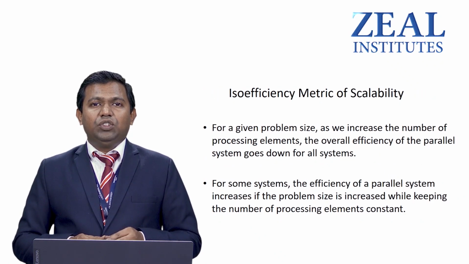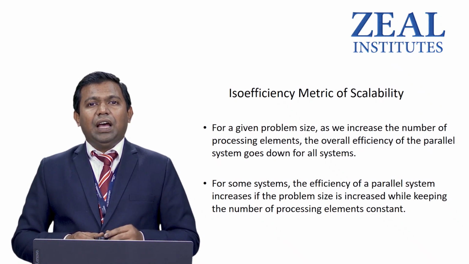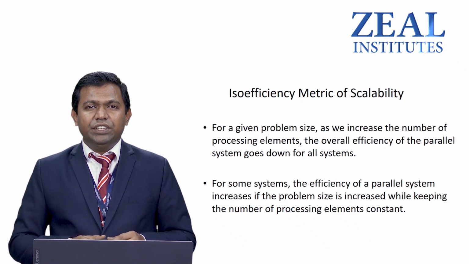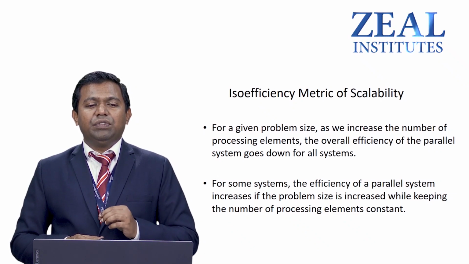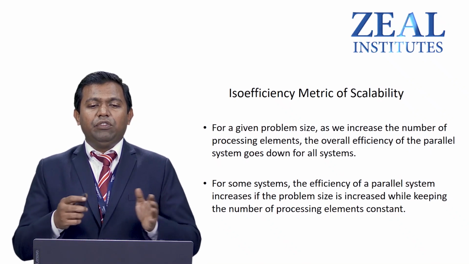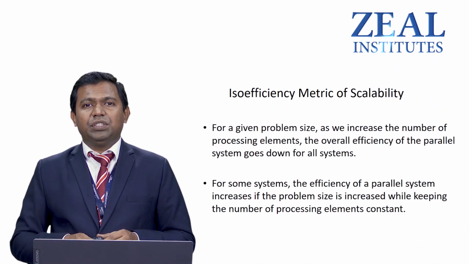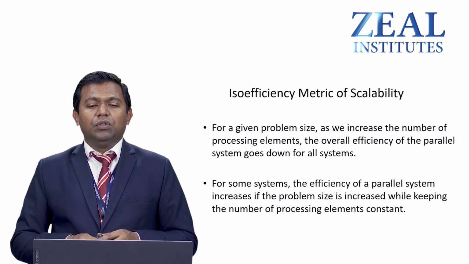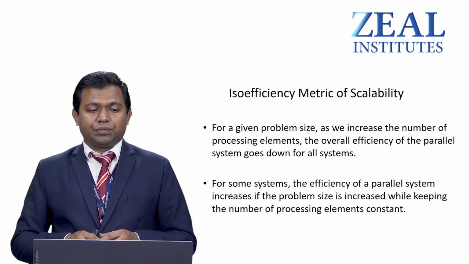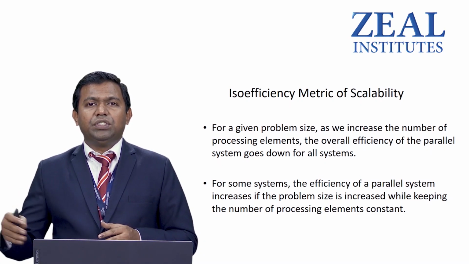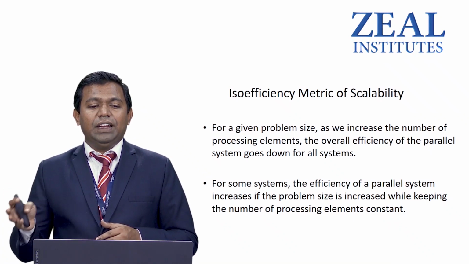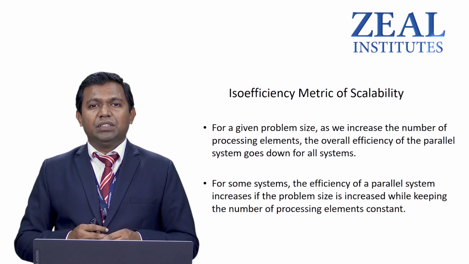Let's talk about the isoefficiency function of scalability. I've given you a small glimpse of the isoefficiency function earlier also. Let's talk in detail now. For a given problem size, as we increase the number of processing elements, the overall efficiency of your parallel system goes down for all systems. But for some systems, the efficiency of the parallel system increases if the problem size is increased while keeping the number of processing elements constant.